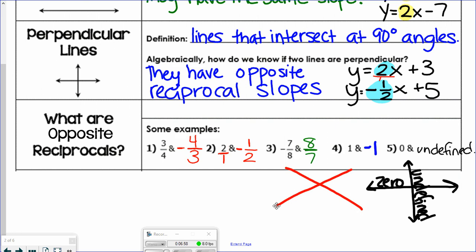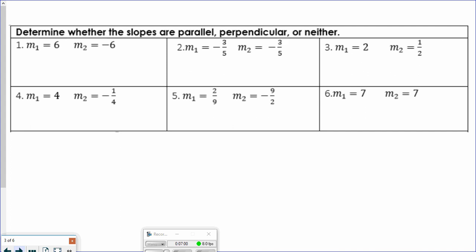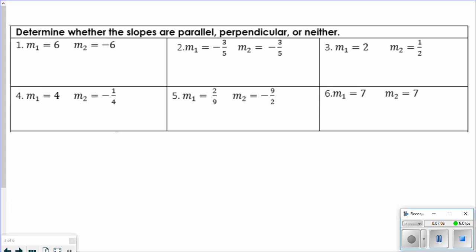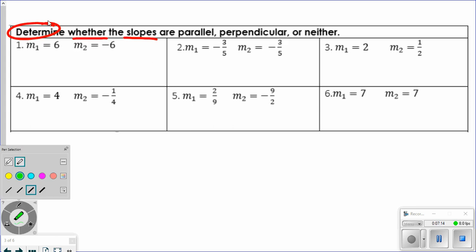Okay, so here's what you need to do for the rest of the worksheet. For questions 1 through 6, similar to what we did in the book, you're going to look at these and tell me, are they parallel? Are they perpendicular? Or are they neither? Parallel is exactly the same.